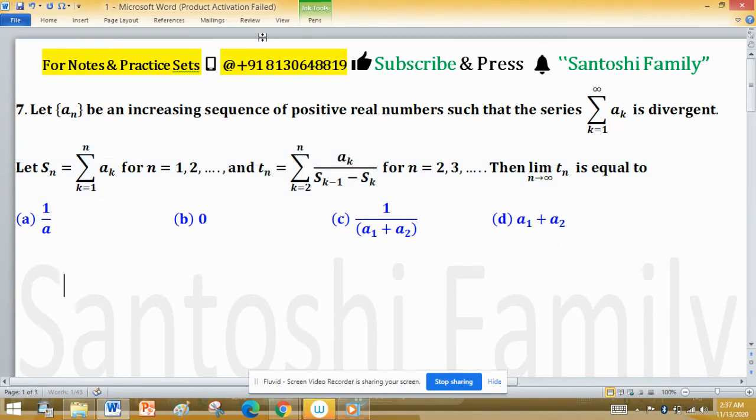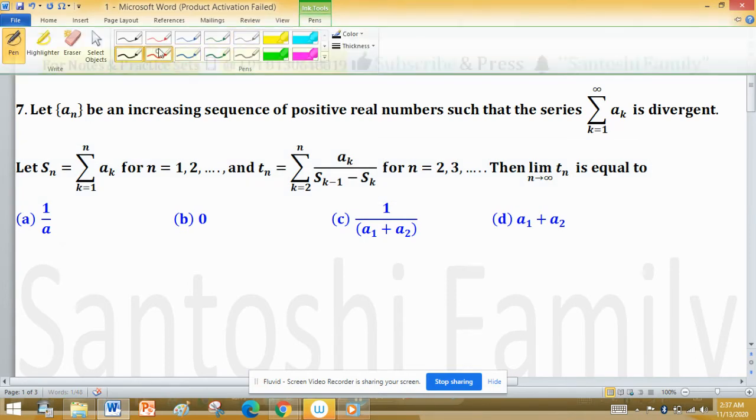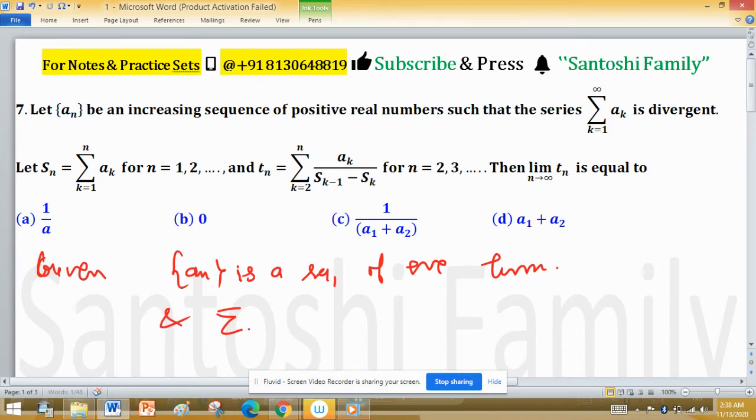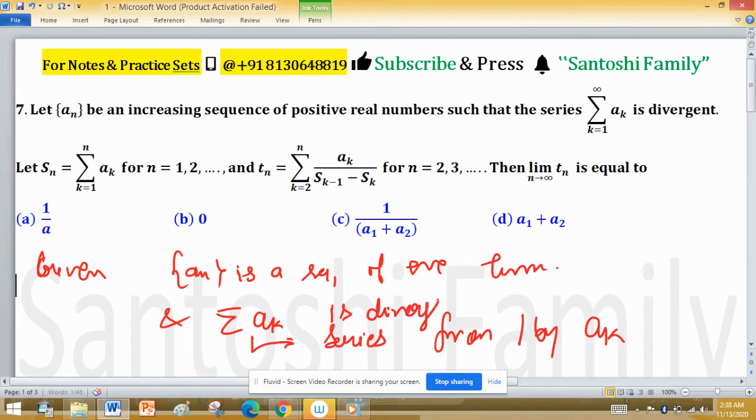So to solve this problem, first, what is given to us: an is a sequence of positive terms, and the series summation ak is divergent.